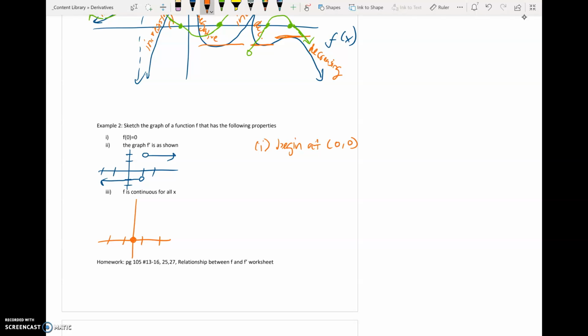So we for sure know we have this point. Let's consider what happens on the left side of x equals 1, and then we'll consider the right side after.